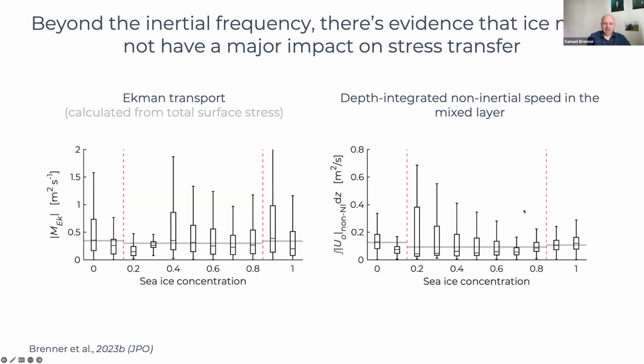And when you take that into account, you can see in both of these cases that there's really no dependence on sea ice concentration, and there's no drop off at high sea ice concentrations that we saw before. This is surprising to us, and probably needs a little bit more study to fully understand. But it's an interesting result.